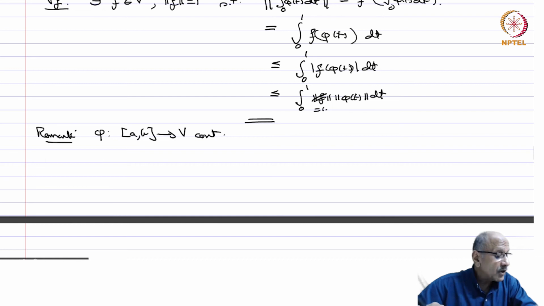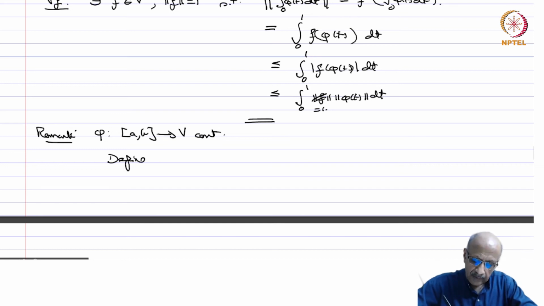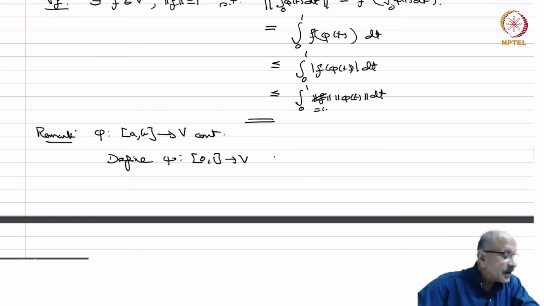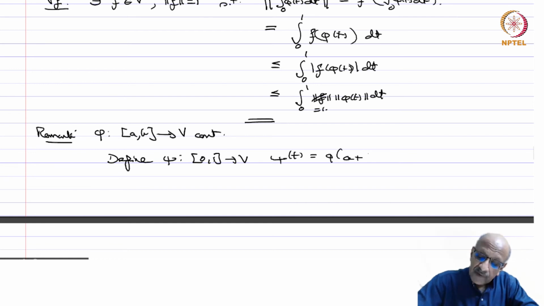In the same way, you can define psi from [0,1] to V, where psi of t equals phi of a plus t times (b minus a).